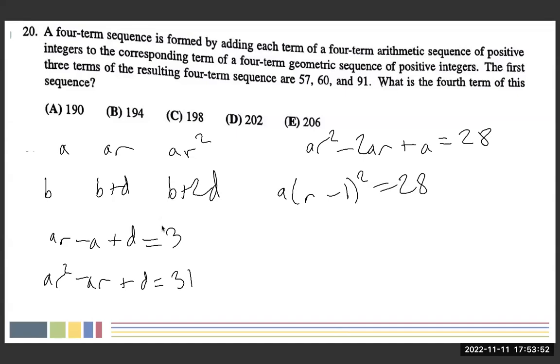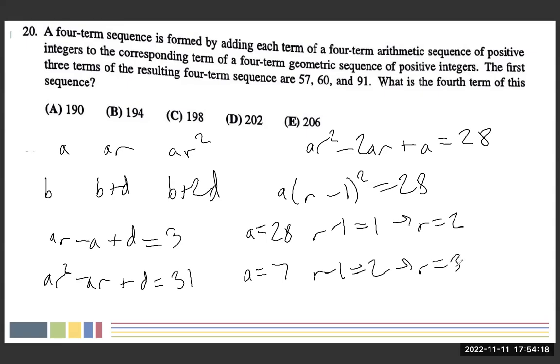Anyways, the point is that we can try different integers A that divide 28. The only ones that can work are A equals 28 and R minus 1 equal to 1, which makes R equal to 2, or A equal to 7 and R minus 1 equal to 2, which makes R equal to 3. And these are the only 2 solutions.